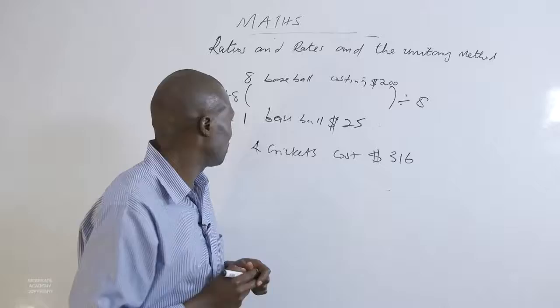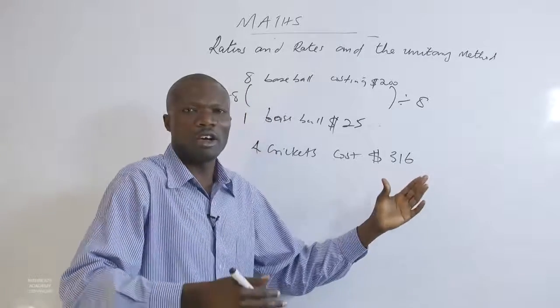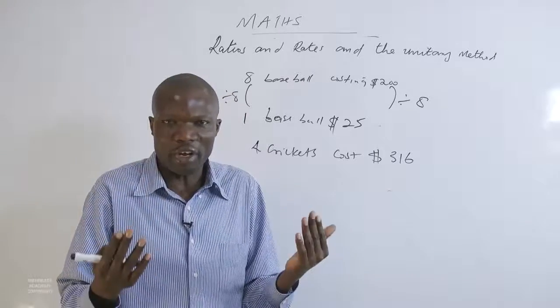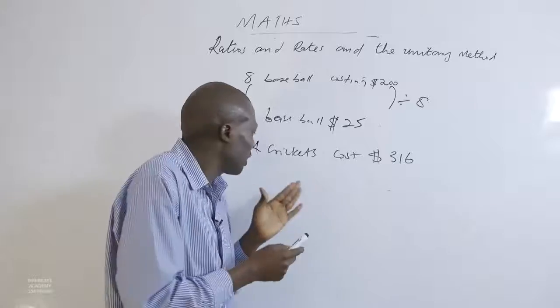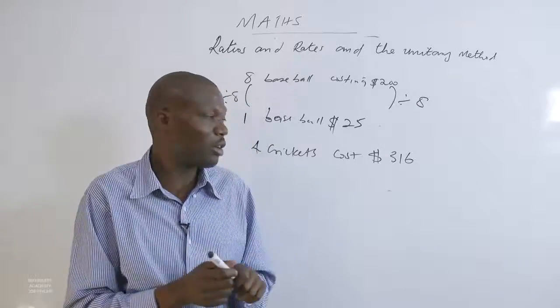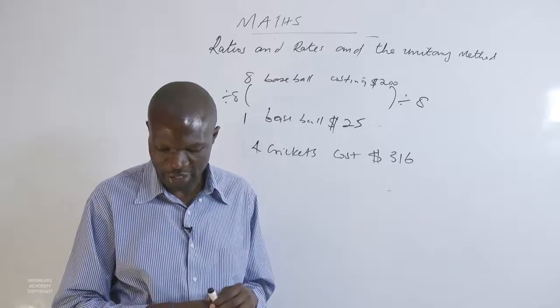Four crickets cost $316. This is the combined cost of 4 crickets. Finding 1 unit will mean the cost of strictly 1 cricket. So that one will require you to divide by 4 on either side.